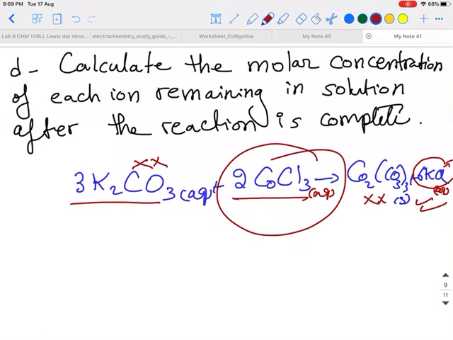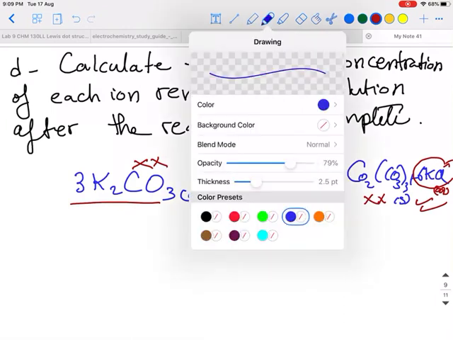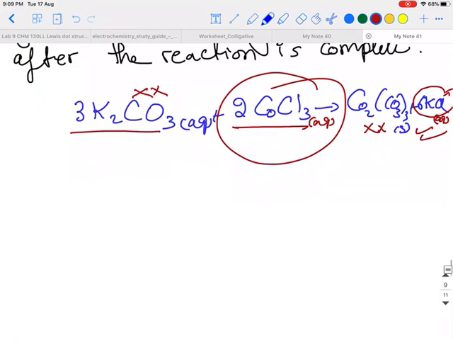Now, first of all, let me find the amount of cobalt chloride reacted, and then I subtract it from the original to find the number of moles remained, because the number of moles remained are the moles responsible for the concentration of ions left. So I'm gonna use the limiting to calculate the number of moles of cobalt chloride reacted.